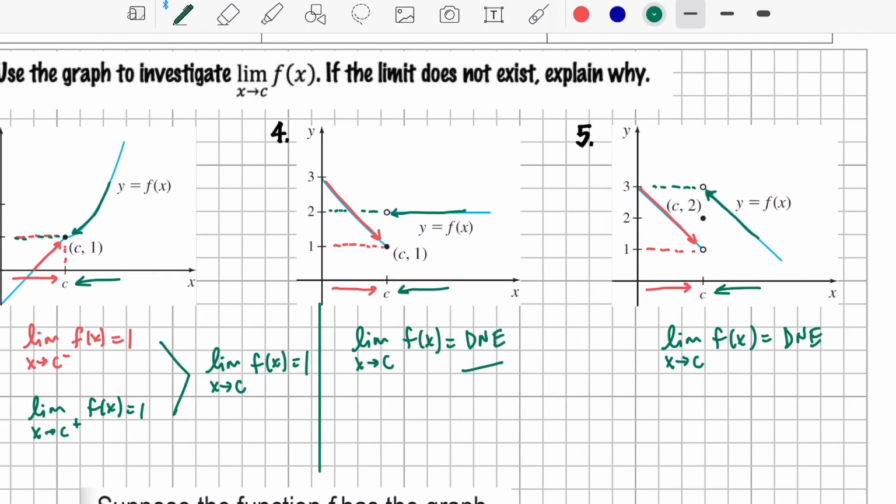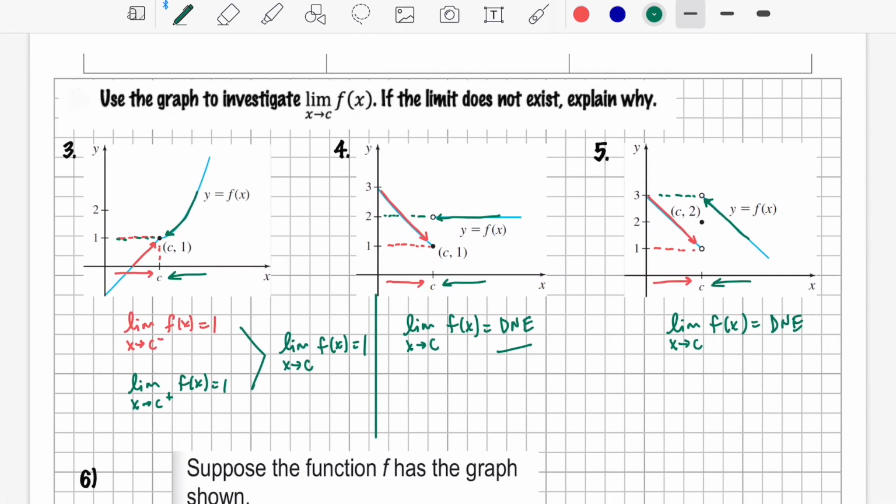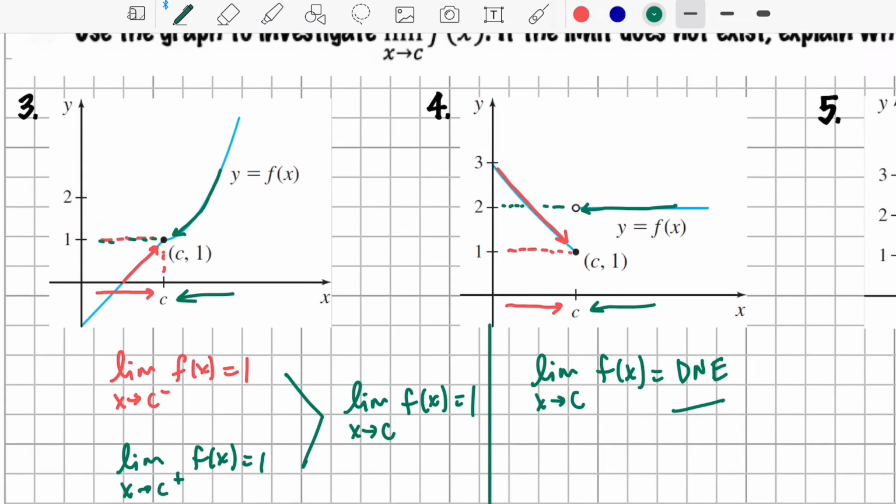Now what I want you guys to notice is this. Notice that where the limit does exist, if I draw with 2 pencils or 2 markers, whatever you want, they end up touching each other, and that will be the limit.